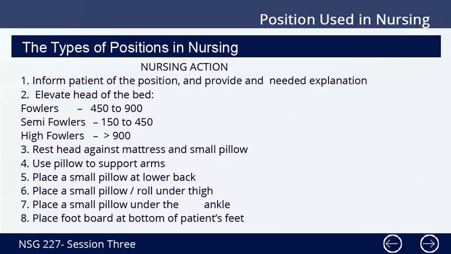5. Place a small pillow at lower back. Rationale. Support lumbar vertebrae and prevent exaggerated flexion of vertebrae. 6. Place a small pillow or roll under thigh. Rationale. Prevent hyperextension of knee and occlusion of popliteal artery from pressure of body weight. 7.